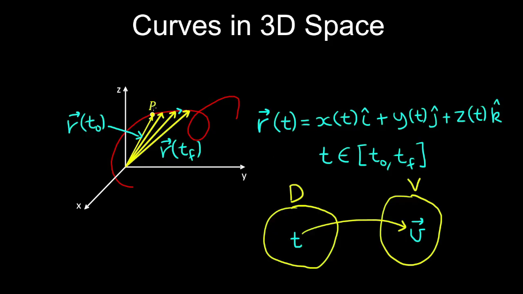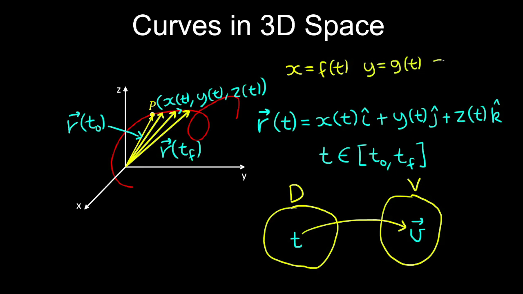So here, the particle's position along the curve has the coordinates x at time t, y at time t, and z at time t, being the components of the position vector. And these components, where x is a function of the parameter t, y is another function of the parameter t, and z is another function of the parameter t, parameterize the curve from some time t0 to a final time, which gives the interval.